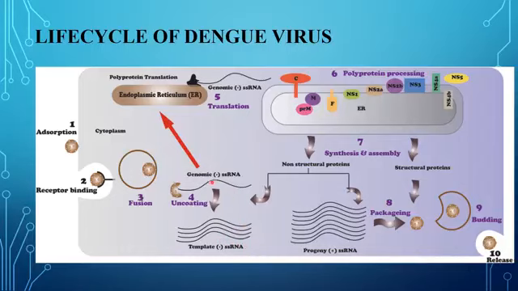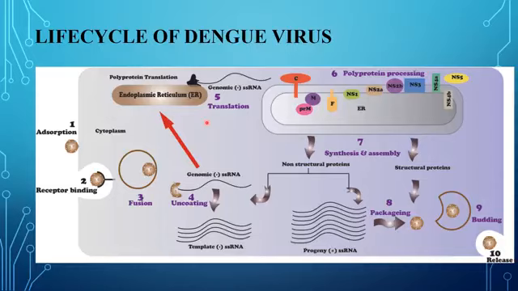Some of the RNA moves into the endoplasmic reticulum, where translation takes place and produces the structural and non-structural proteins. The same process continues and a lot of proteins and single-stranded RNAs are formed.